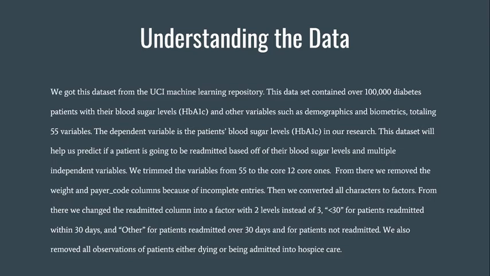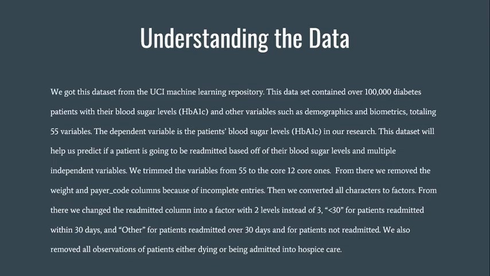Me and Jeremy, we trimmed it down from 55 to the 12 core variables, which you will see on the next slide. And then basically we cleaned up the data, we removed some unnecessary columns, and made sure that the data has all the information we need for our research.